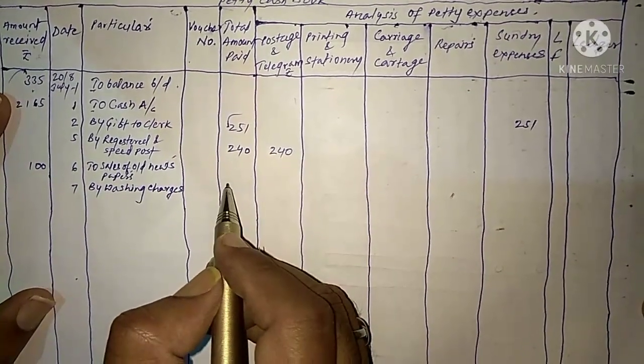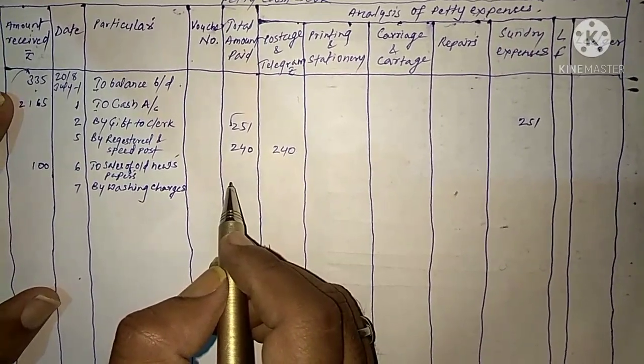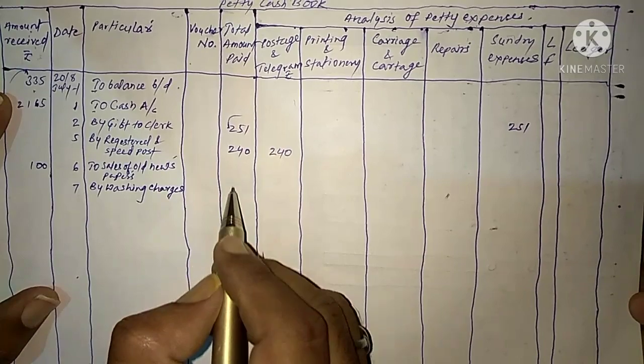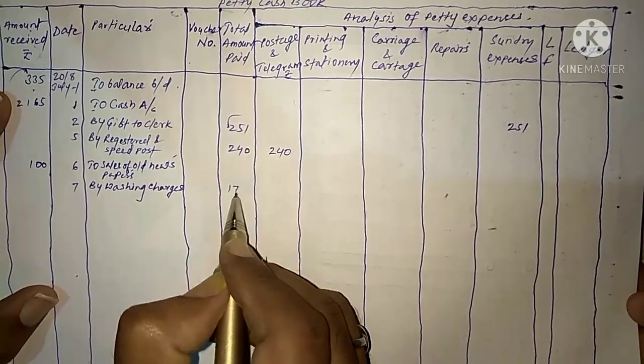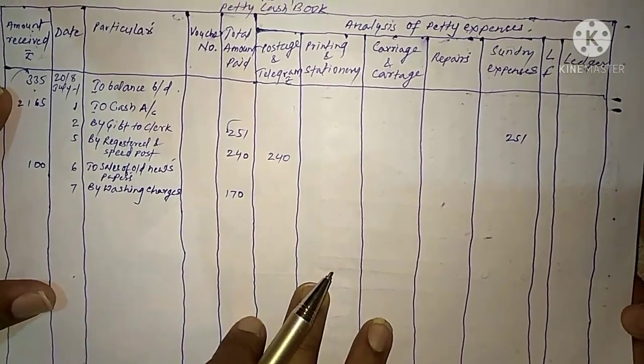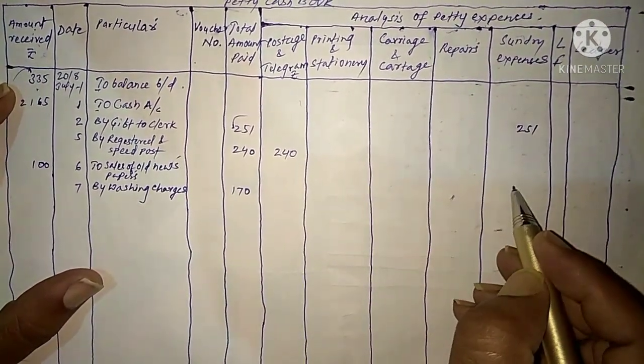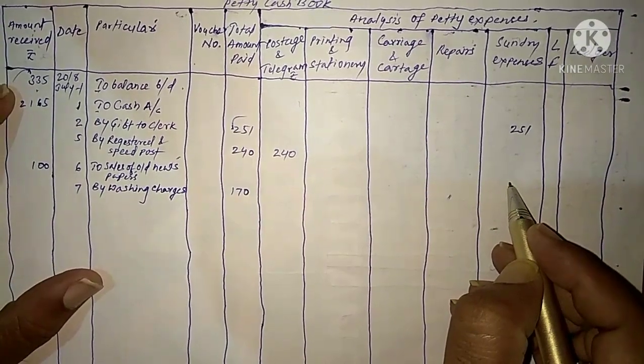We have to write the amount in total amount paid, that is 170, and then we have to transfer this amount to the accounting head, that is the sundry expenses 170.